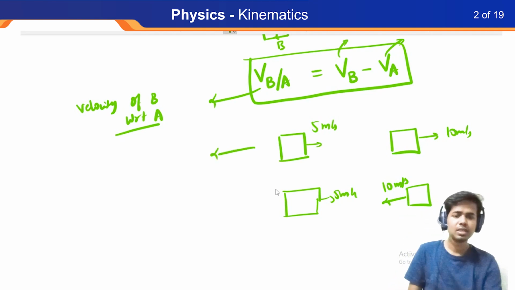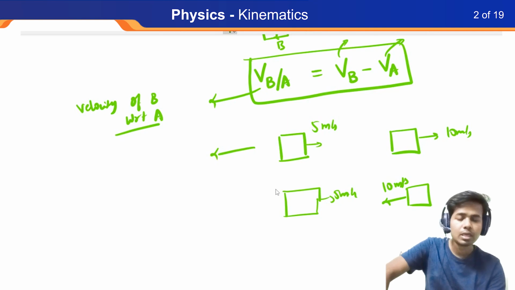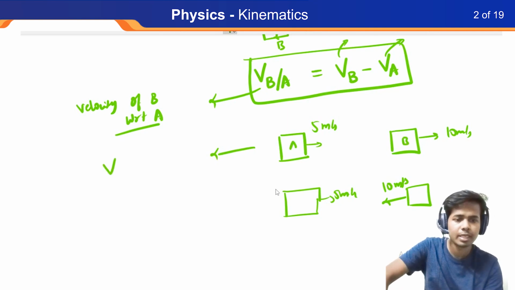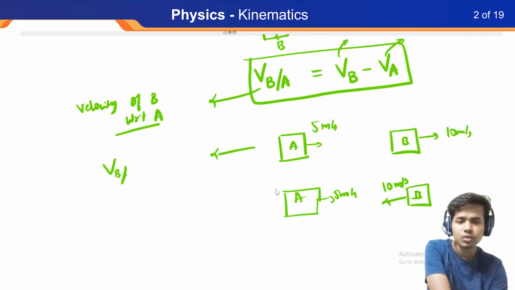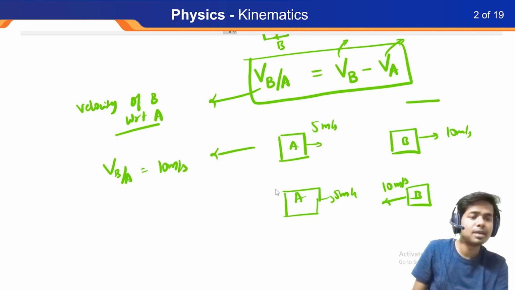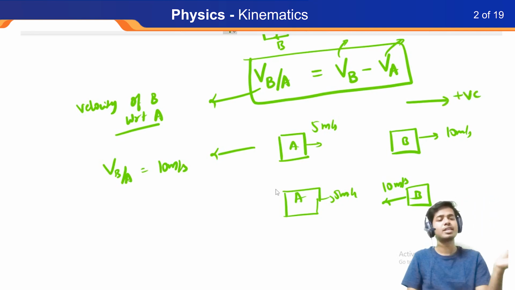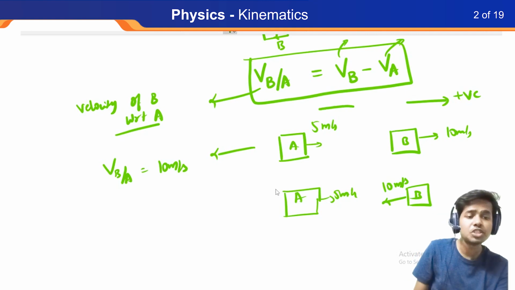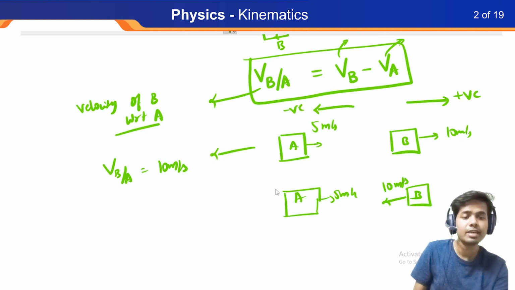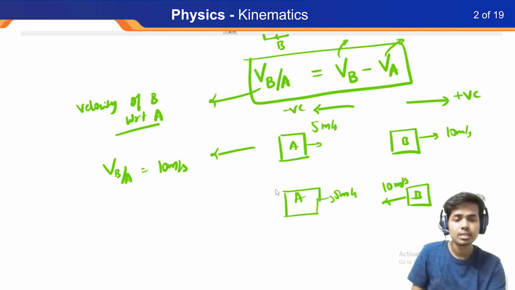For this case, what you'll have here is velocity of B with respect to A, which will be velocity of B, which is 10 meters per second, and I'm assuming this direction to be positive, which in turn gives me this direction as negative, minus what is the velocity of A?